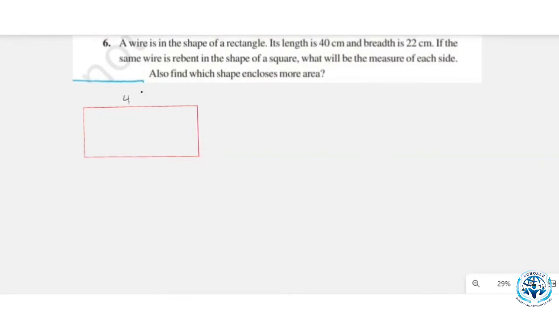Now here, if you have understood the concept of perimeter and area, you will be able to understand easily that the perimeter of the rectangle will be equal to the perimeter of the square, because both are made from the same wire of same length.